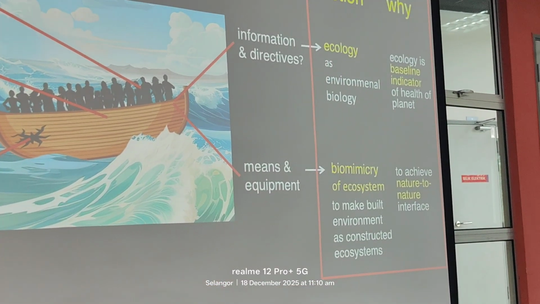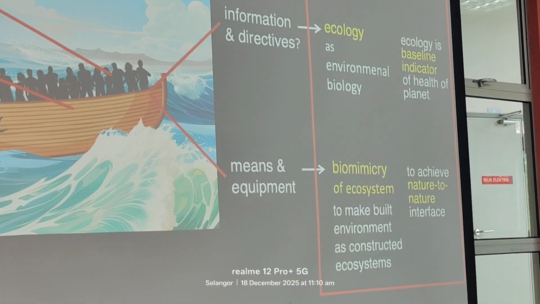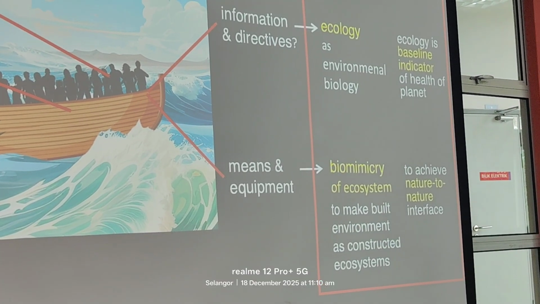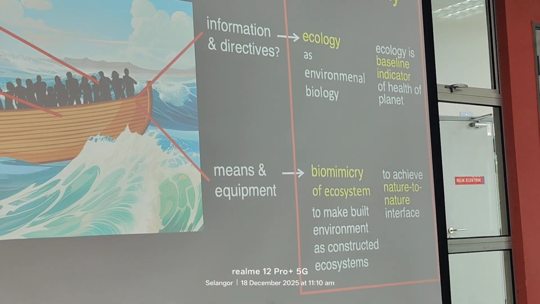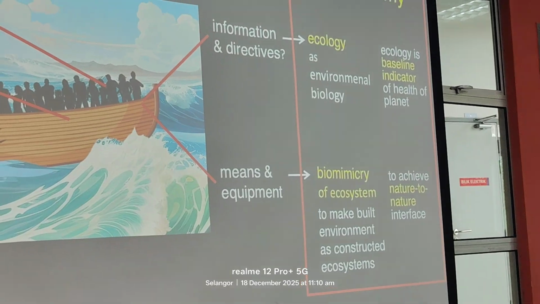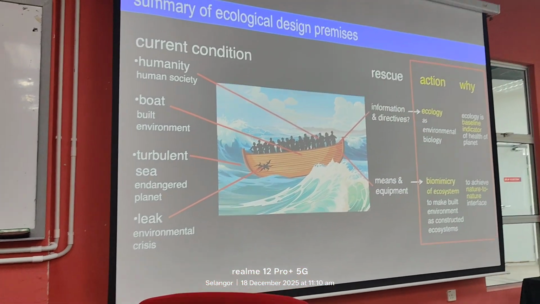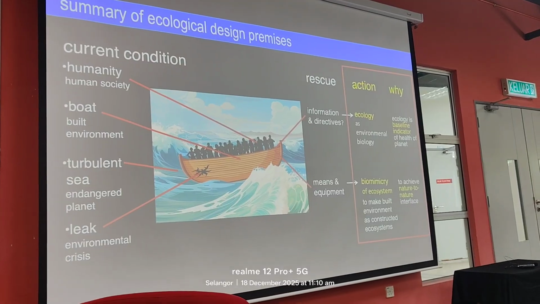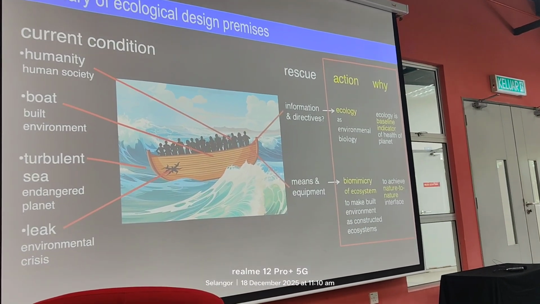This slide summarizes what ecological design is about. A human society in those environments, in a turbulent sea, and there's a leak. To rescue, we need information and directives. We need the means and equipment.